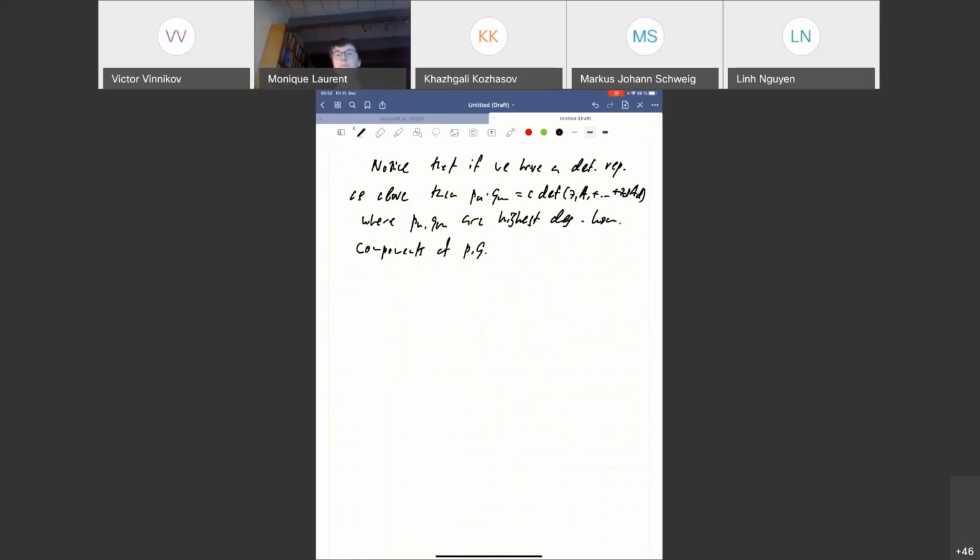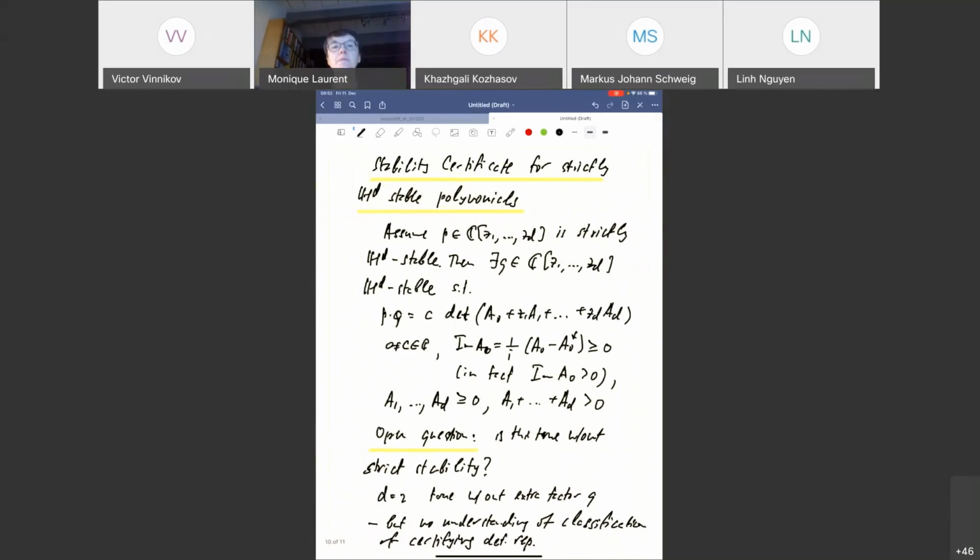And then we write this determinantal representation of our stable polynomial, and then the homogeneous part gives me the determinantal representation of the original hyperbolic polynomial.